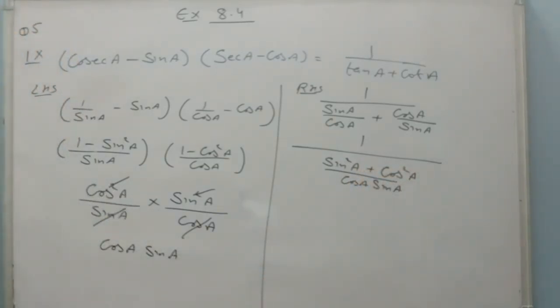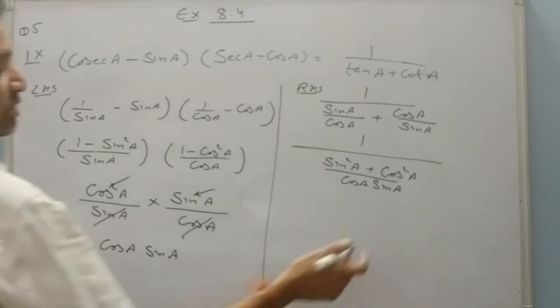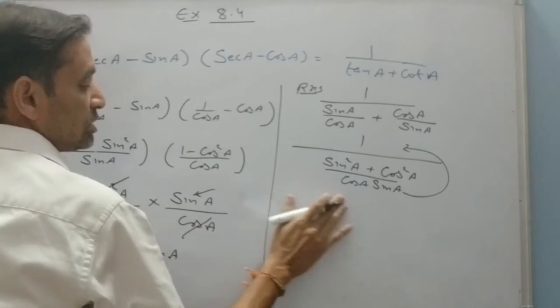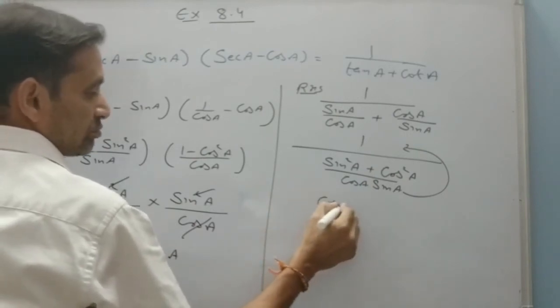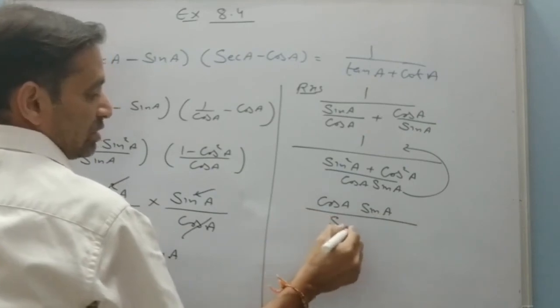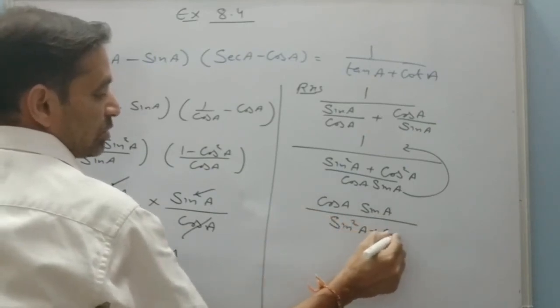Because there is a fraction in the denominator, this will go to the upper side. It will become cos A sine A upon sine square plus cos square.